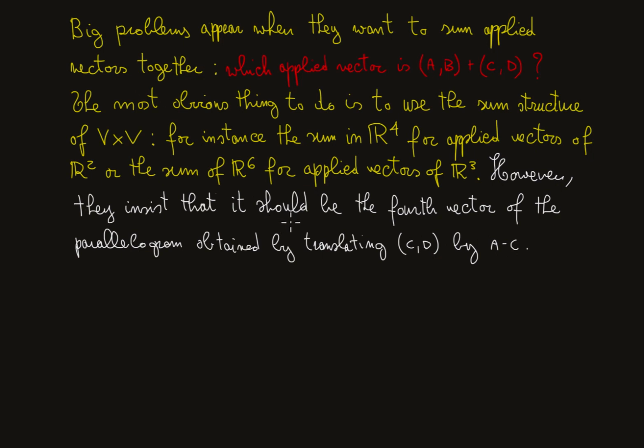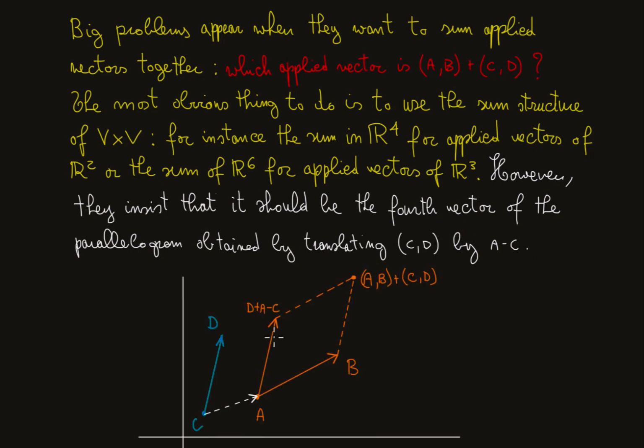So let's try to chase these constraints in a mathematically precise way and see where we are heading to. They insist that if we take AB and we draw it as an arrow, and then we take CD and we draw it as an arrow, the sum of AB plus CD must satisfy the following geometrical construction.